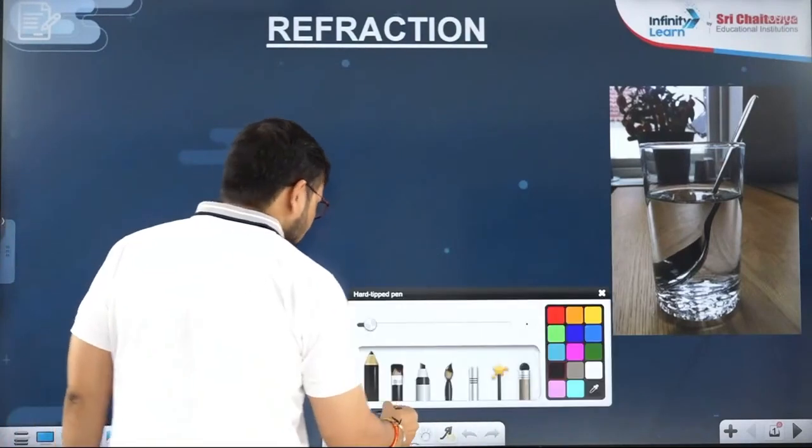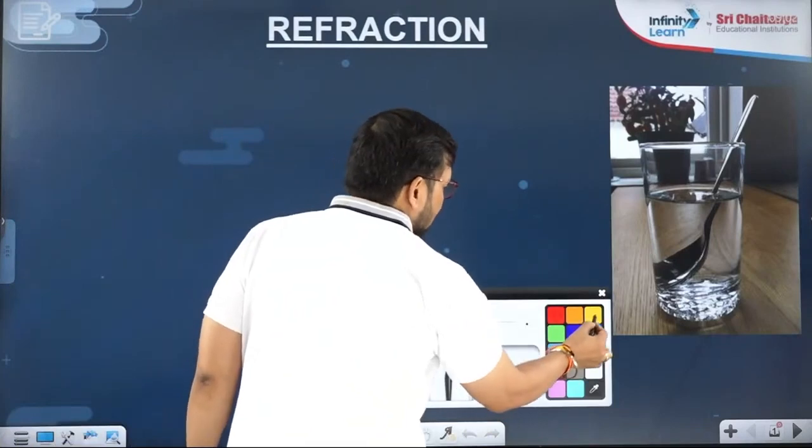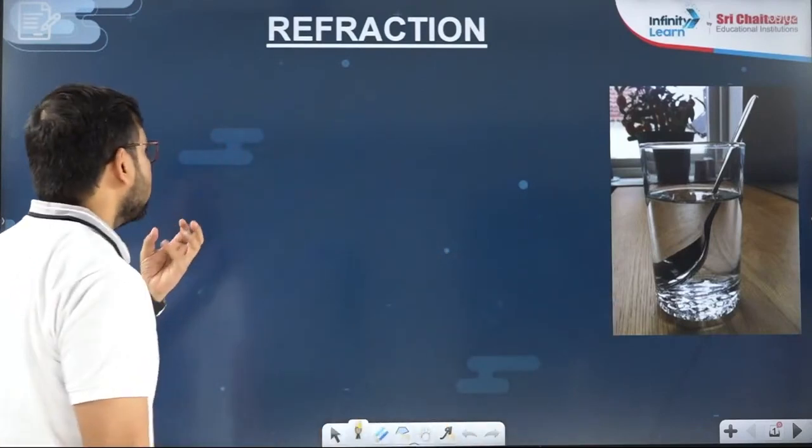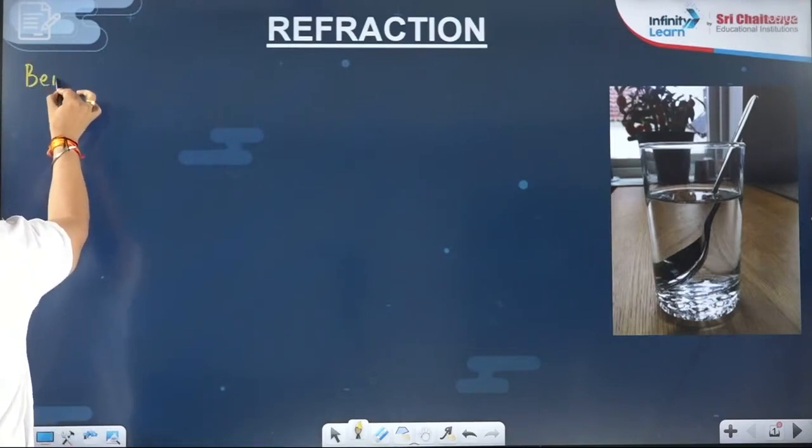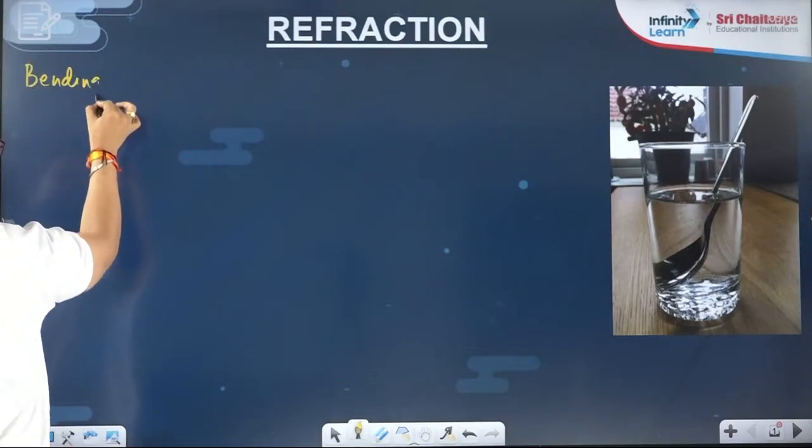So if we start with the basic definition of it, how to write the definition? What is the definition of refraction? Definition is very simple. Bending of light, right?